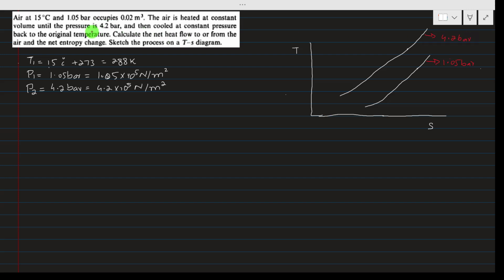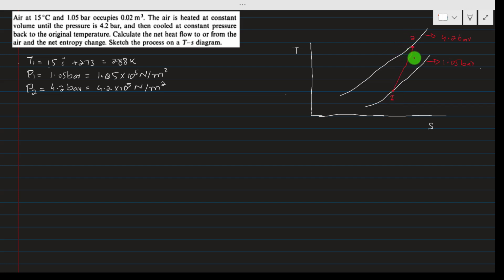So it says that at a constant volume, when it is heated, the pressure rises from 1.05 bar to 4.2 bar. So at a constant volume, when the air is heated, its pressure increases up to 4.2 bar. So this process will follow from line 1 to 2 at a constant volume.